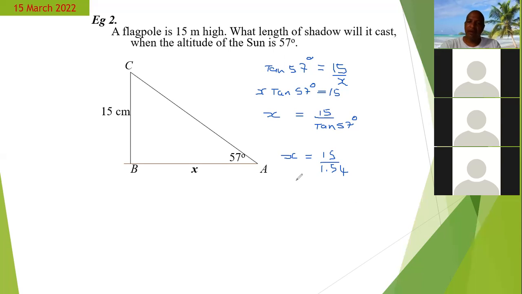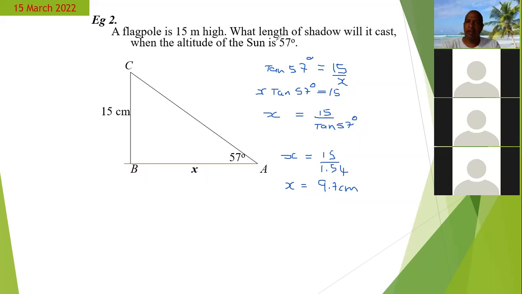When we divide 15 now by 1.54, what do we get, Ms. Cabrera? 9.7. And in terms of units, this would be centimeters, as they're using the same units in the question. And this 9.7 would represent what?